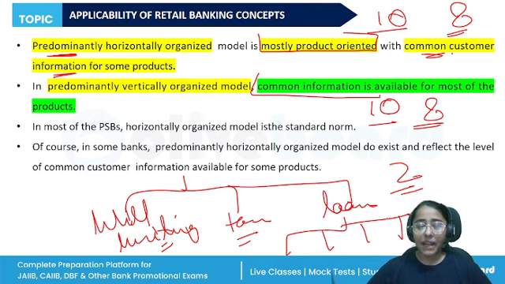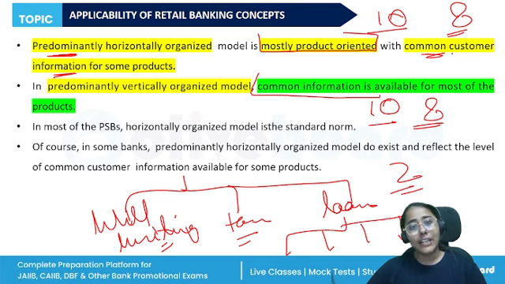The public sector banks, they are traditional, they are product oriented. They go with the horizontally organized model. But in today's time, with the use of technology, with the use of data mining, data warehousing, common information is also used. So mostly they go with the predominantly horizontal model, right?